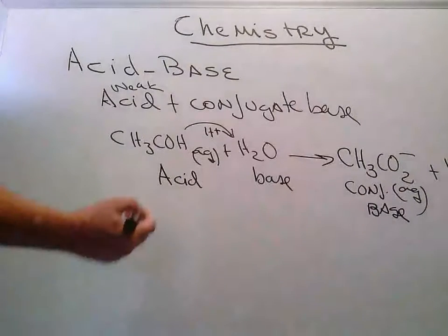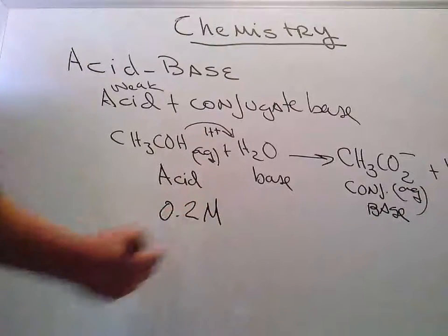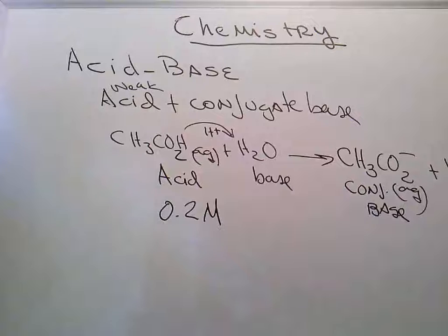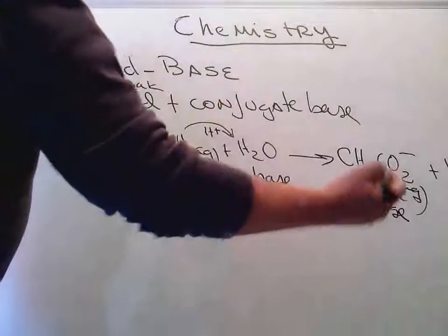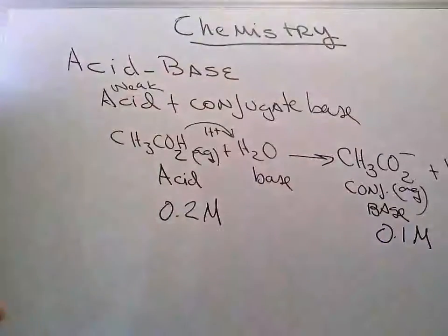Well, we can mix together, let's say, 0.2 molar of acetic acid. Forget this CO2, because this is the formula of acetic acid. 0.2 molar of acetic acid with, let's say, 0.1 molar of acetate ion.